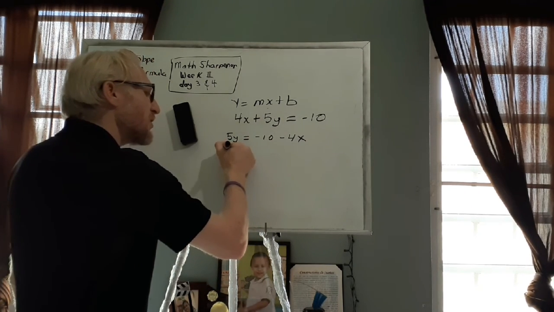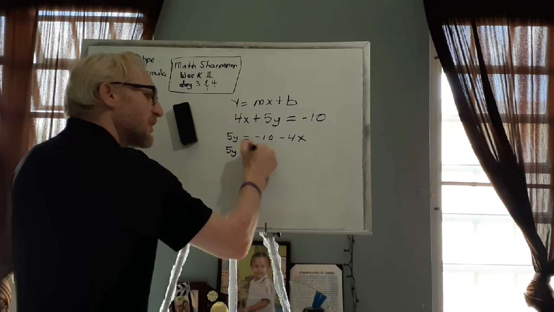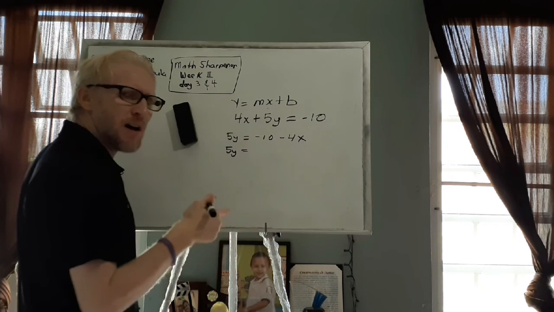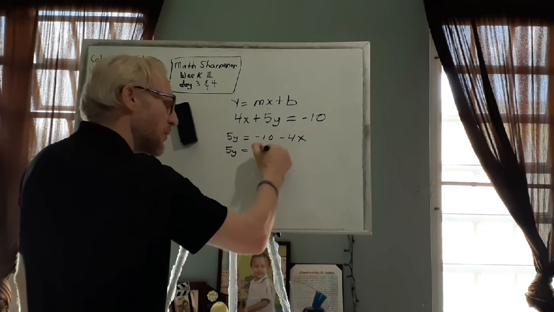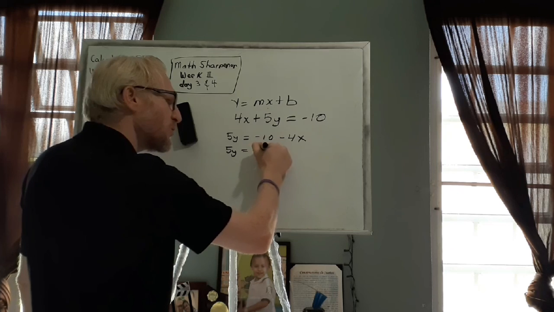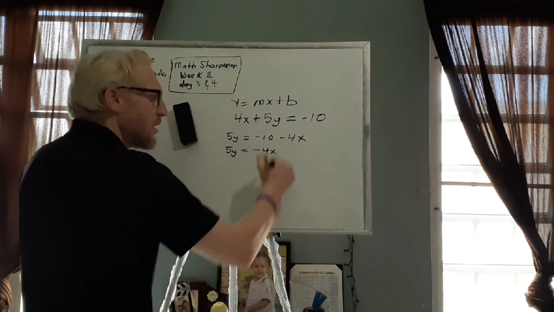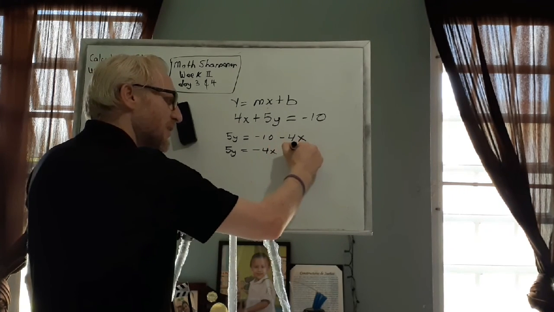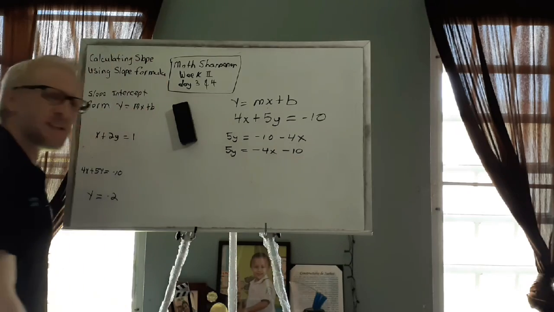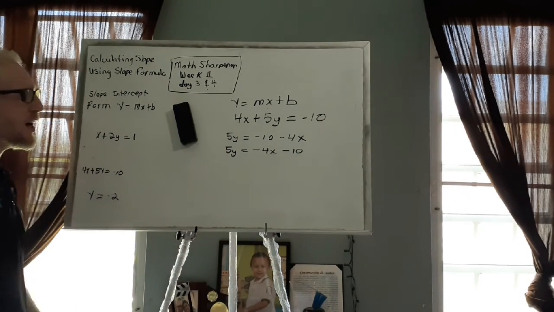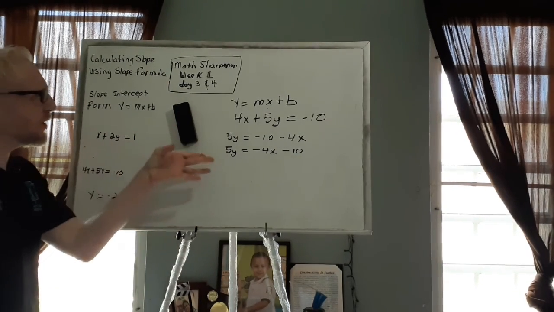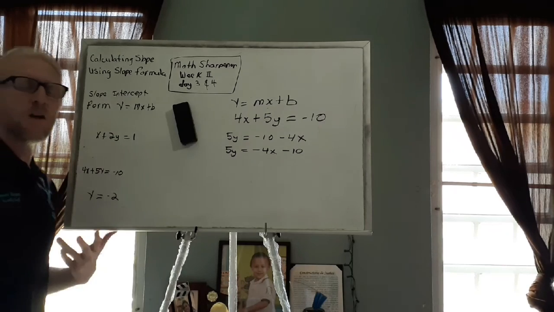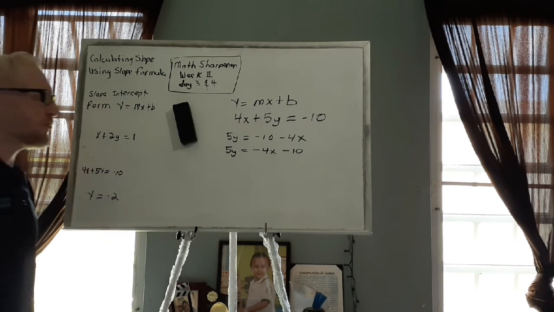So 5y is going to stay expressed. Now, instead of writing negative 10 minus 4x, I'm going to flip them over or move them around and say minus 4x minus 10. Now the last thing I need to do is divide by 5, so that way I can have the y alone and have my equation expressed in slope-intercept form.